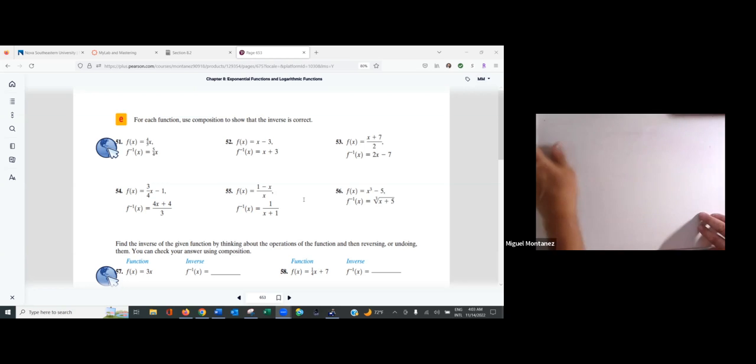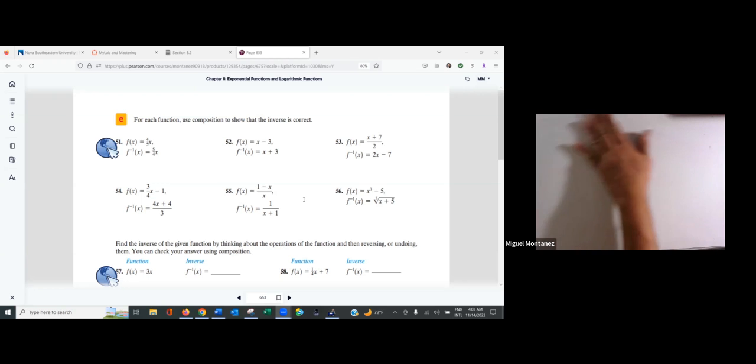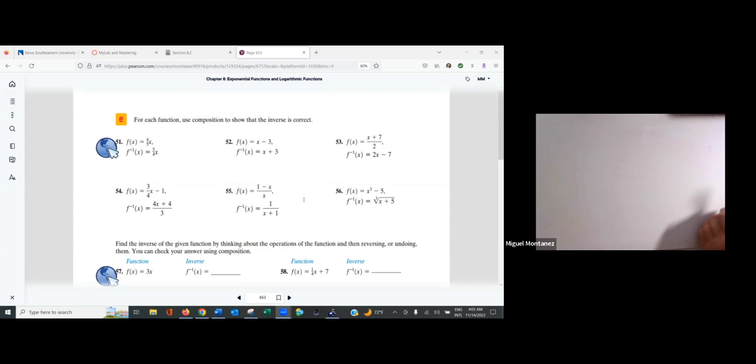In your textbook, let's try number 55, perhaps. We did 54, something very similar. And we can even try number 56. Okay. Let me write it down. Let me just do 56 first.